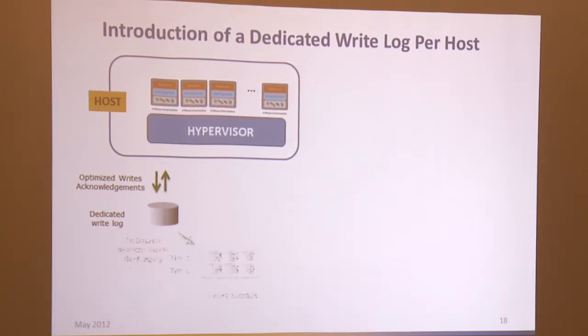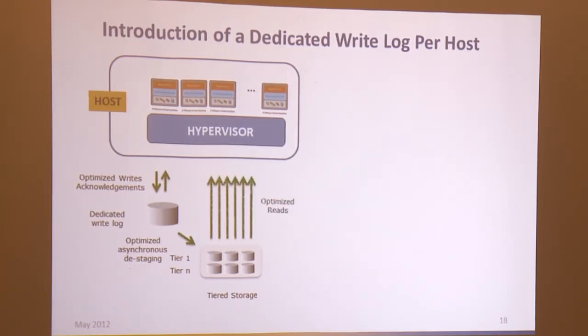Then what happens here is all those writes, after they're acknowledged, get asynchronously destaged to a shared storage area that handles all of the reads in these environments. So what you've got is a dedicated spindle that's operating in sequential mode 100% of the time, determining the write performance. And you get all the other spindles delivering reads. Dedicated usage, okay?